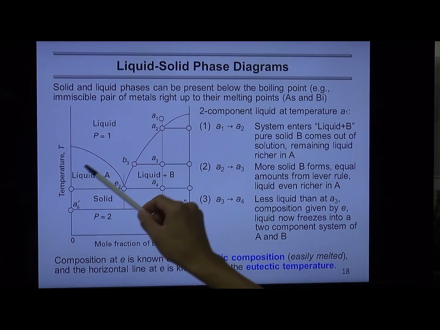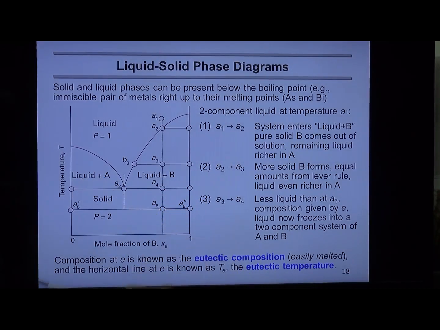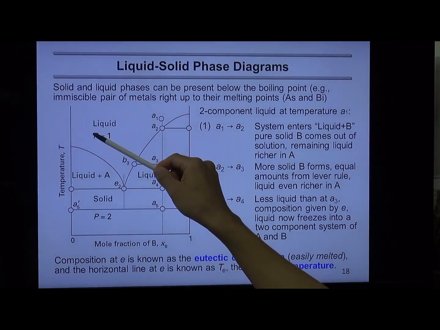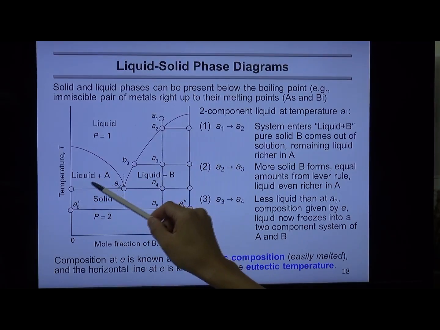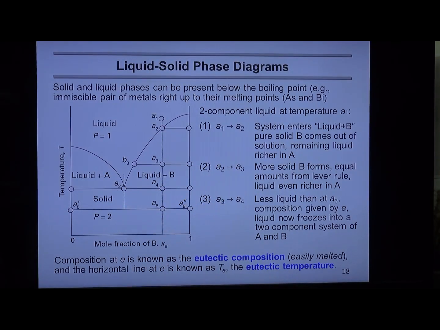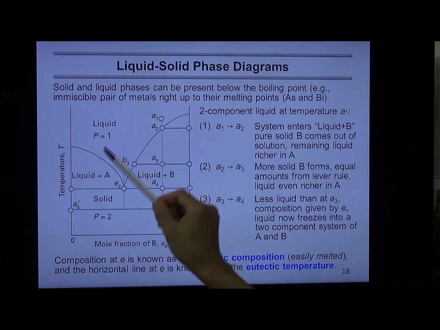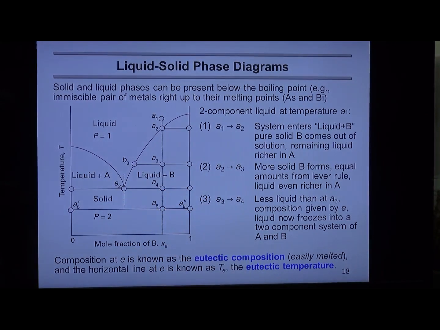But in this region, denoted as liquid plus A, at relatively low temperature below this phase boundary, there is a liquid mixture, but also some material of A is precipitated as solid. So in this region, liquid mixture and solid A are present together.